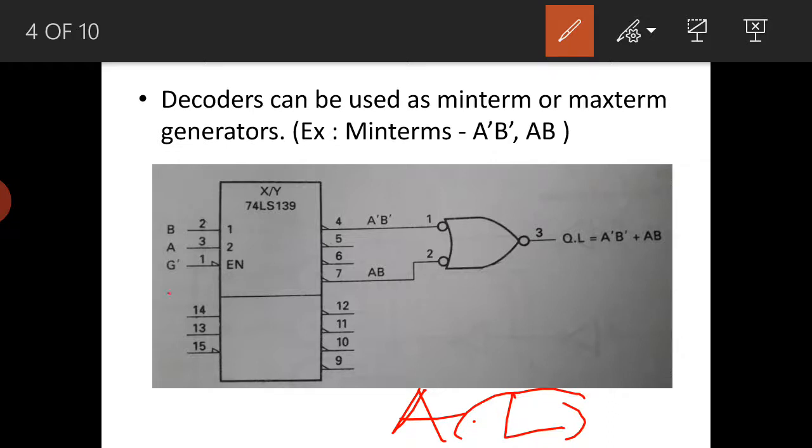The enable signal is G, so if that is 0, then the device will work. We give the input 0 0, and here we will get the output 0, and the other outputs will be 1 1 1. If it is 0 and here it is bubbled, this will be 1, and here it is 1, so this will be 0. For a NOR gate, inputs 1 0 give output 0. Similarly, suppose the input is 1 1, the last combination.